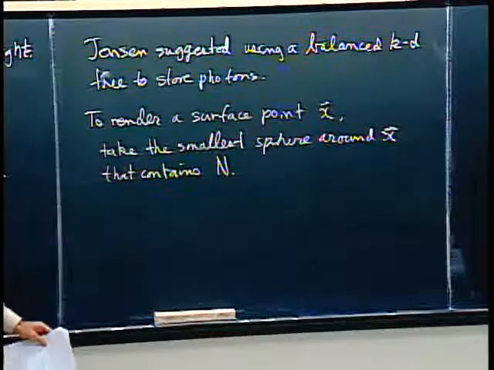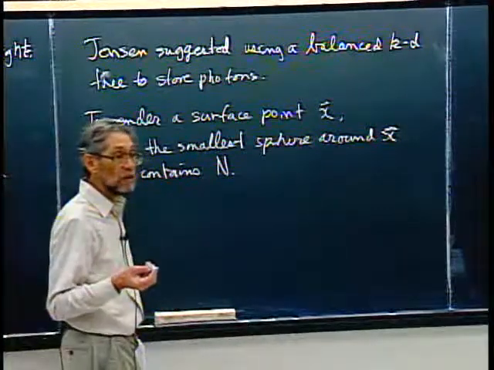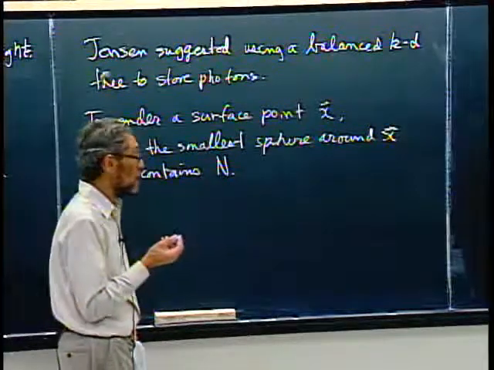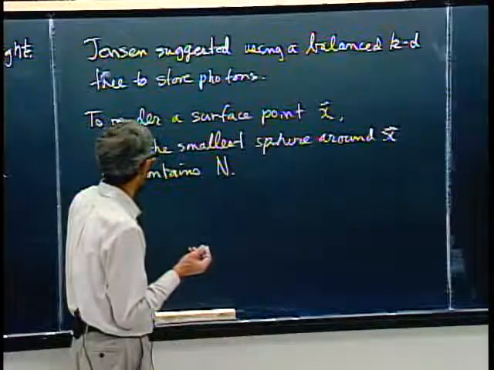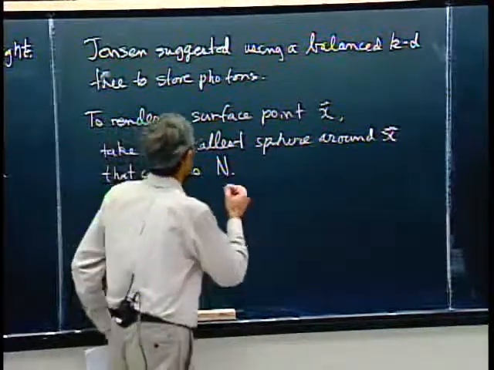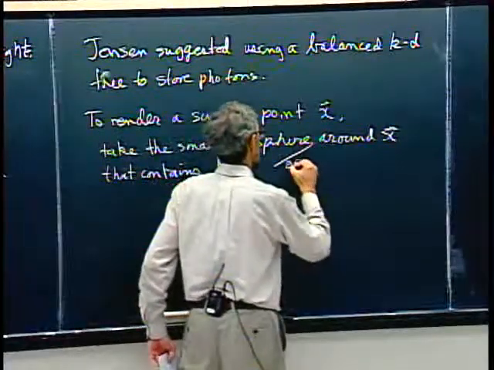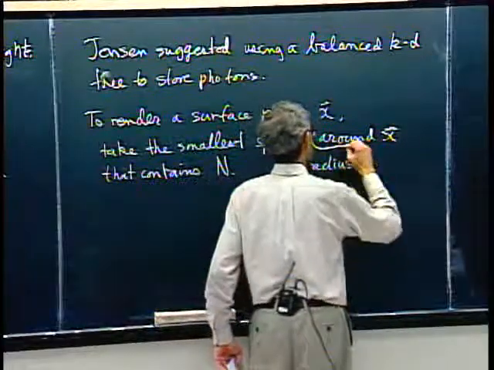And then since it's really on a surface, the area that you're going to assign to this surface, whichever surface you're rendering, is pi r squared. Sphere, why don't we say the sphere of radius r.